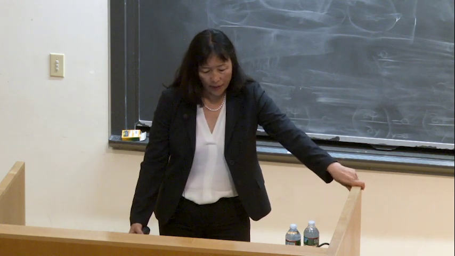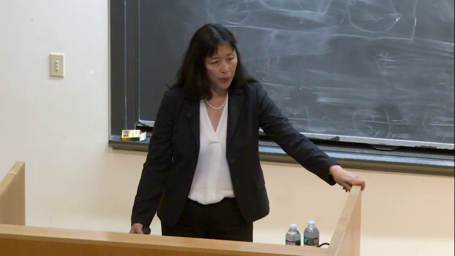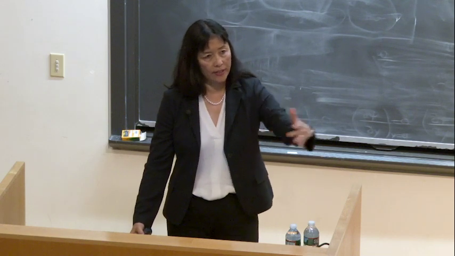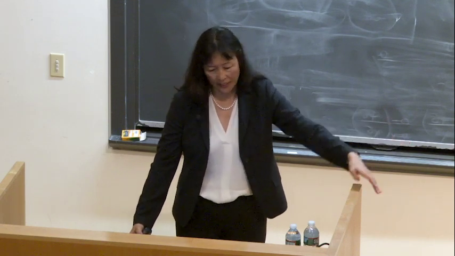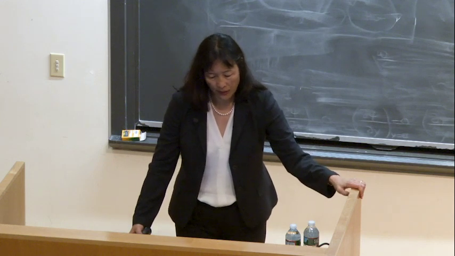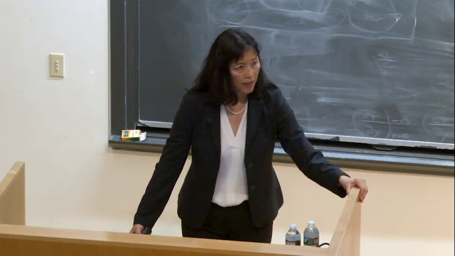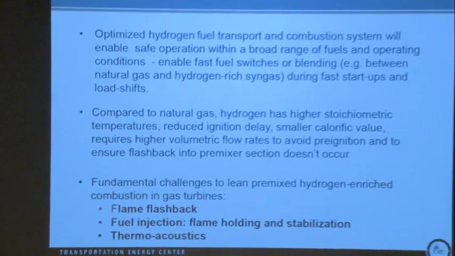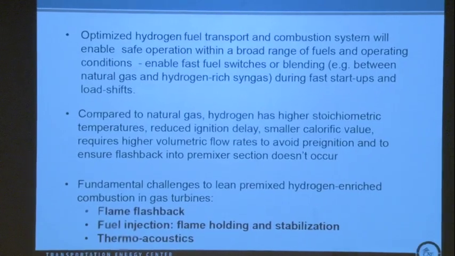And you've got to worry about things like flashback, where the flame will flash back from a combustor into the fuel injection or premixer section, which is a safety issue and can really damage gas turbine parts. And so there's a lot of fundamental challenges to lean premixed hydrogen-enriched combustion in gas turbines.